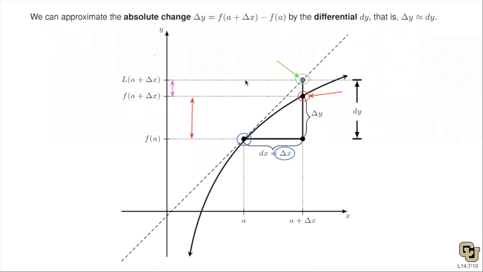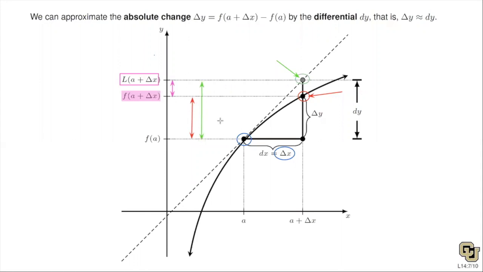So what's the answer? The answer is we're going to approximate f of a plus delta x. Instead of using f of a plus delta x, we'll use L of a plus delta x. And our approximation of the height, we'll use this height here: L of a plus delta x minus f of a.